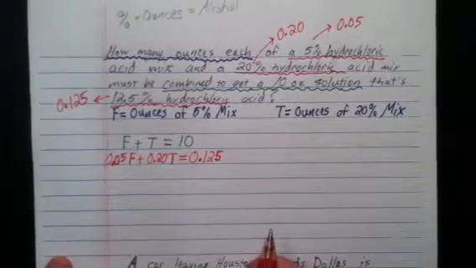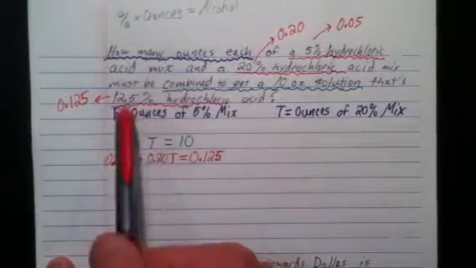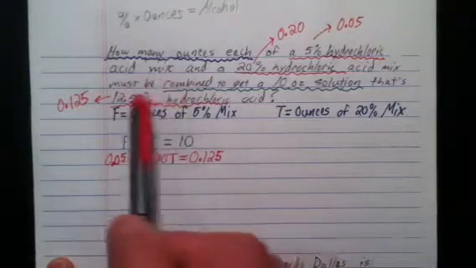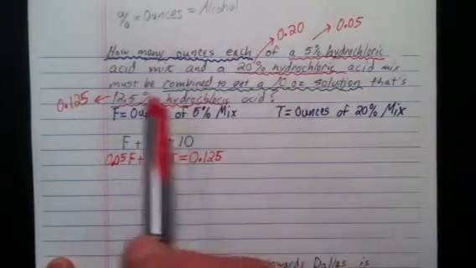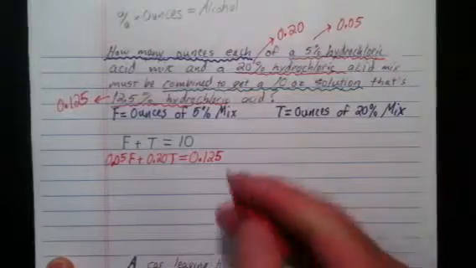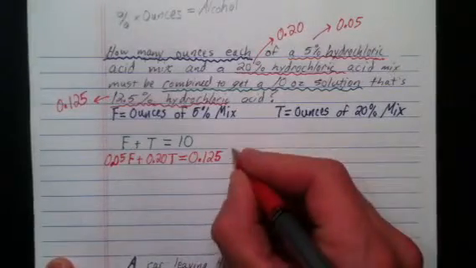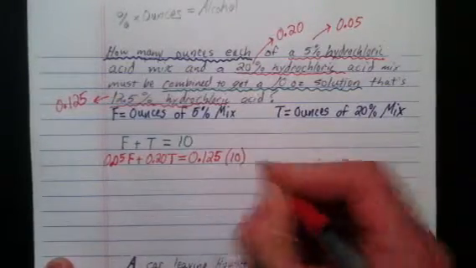How many ounces do we have at 12.5%? That's going to be our final mixture. We wanted at the end to combine to get 10 ounces of 12.5% acid. So we multiply 12.5% times the total ounces we want in the end, 10.